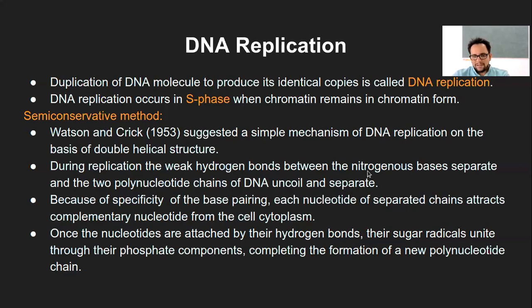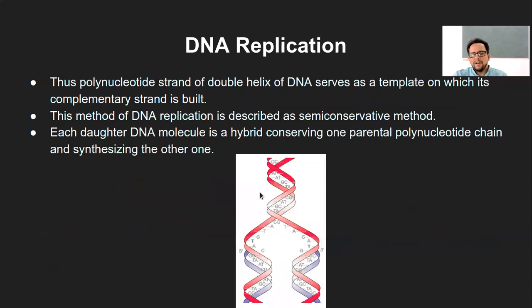In simplest terms, the DNA will break down the hydrogen bonds, uncoil, and separate, new nucleotides will be added, and then their phosphate and sugar will form a backbone strand, and they will ultimately form two new DNA molecules. So that was the model which was explained.